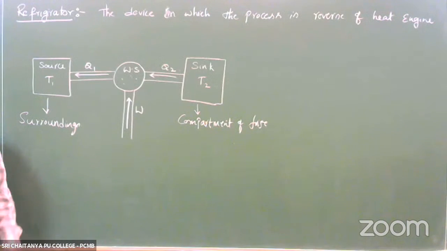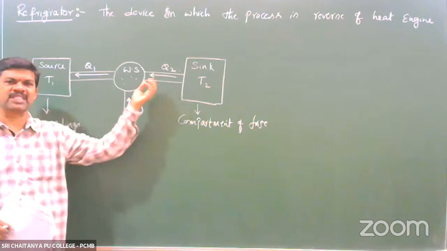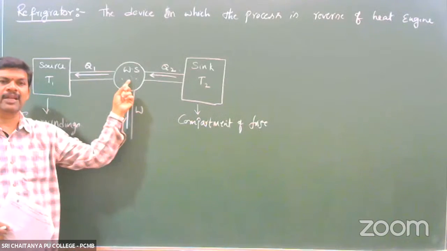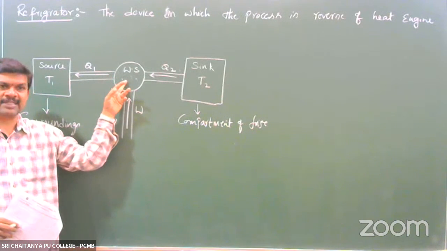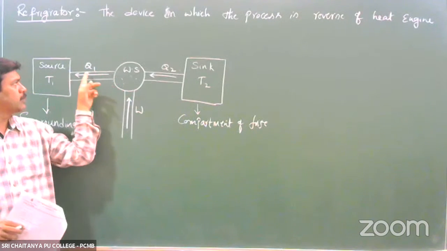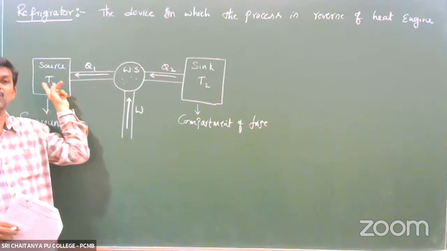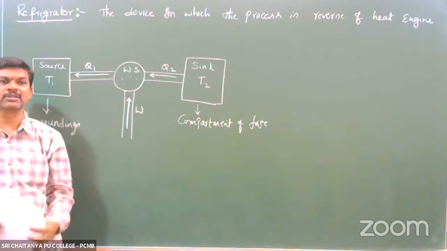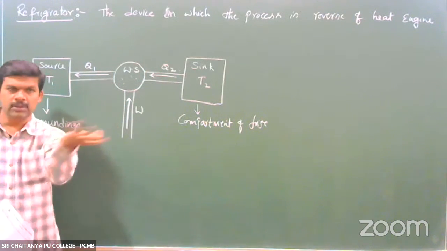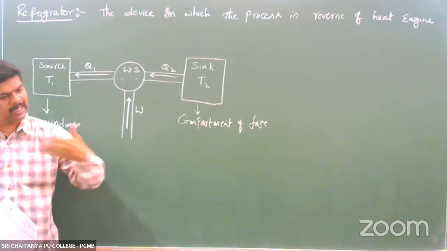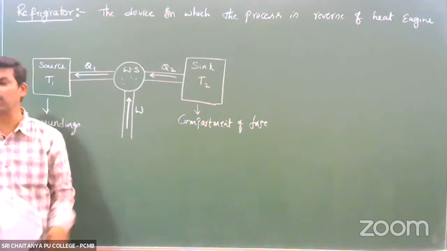You understand that? It extracts heat from the sink, the working substance. Then work is done on the working substance. Then it gives out heat Q1 to the source. What is the source? Environment. The room in which we keep the fridge is the environment. Then it gives out heat to the environment.